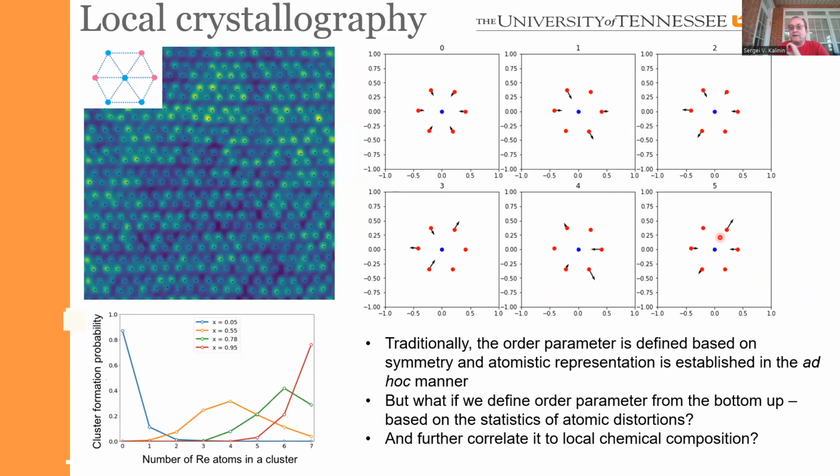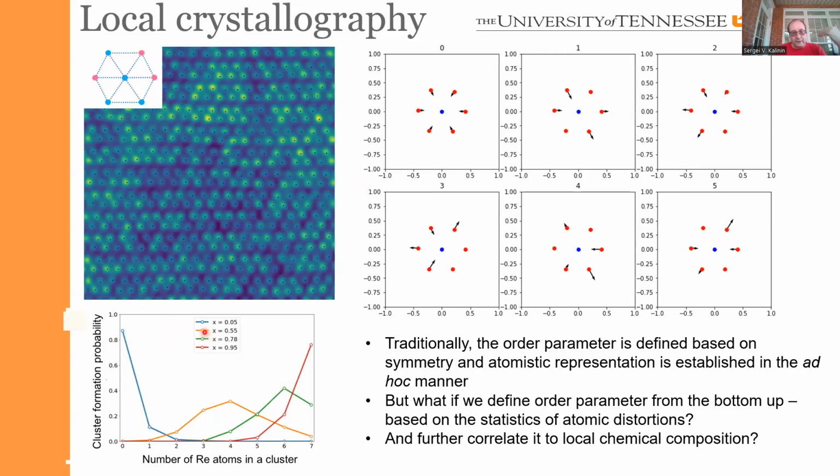And then we can do a next neat trick, because in our bismuth ferrite, all the atoms of a type were the same. All the bismuth atoms are the same, all the iron atoms are the same. We cannot distinguish them. In this case, we know that there are two types of atoms: the rhenium atoms and the molybdenum atoms. And we know that for each global composition, we have a variability of the local composition.